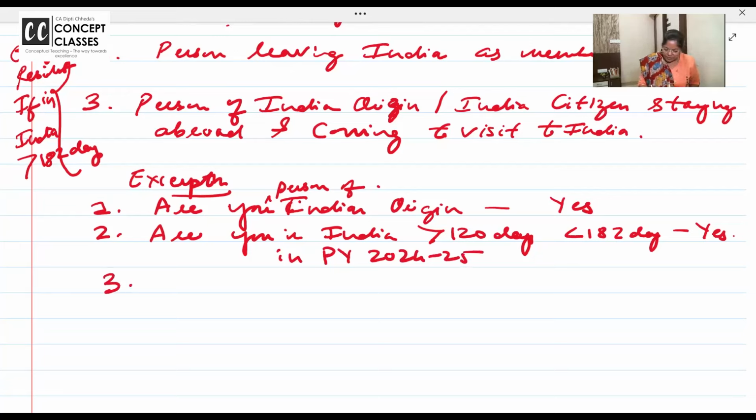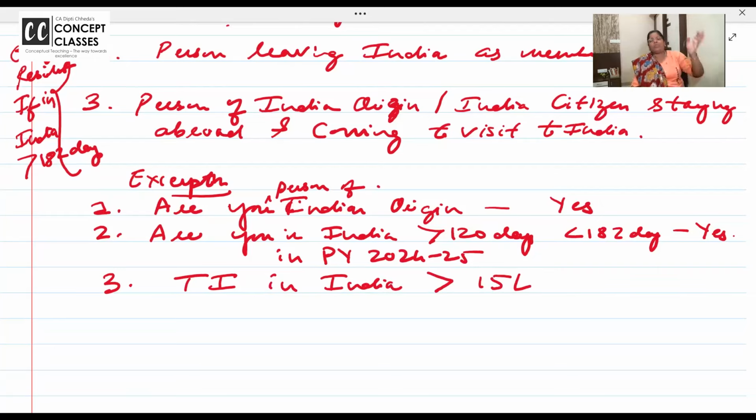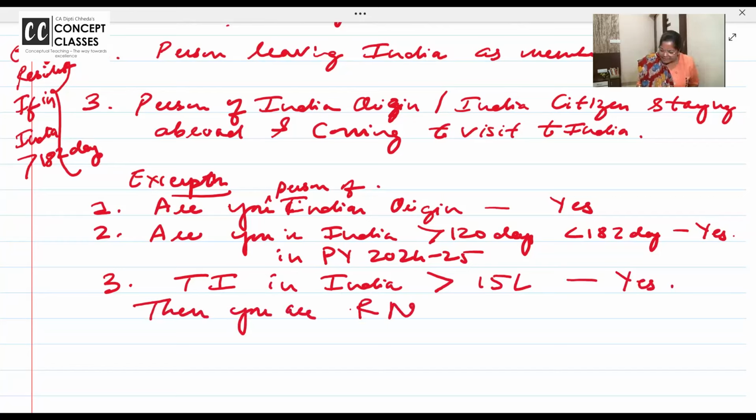Yes. TI, total income in India, greater than 15 lakhs. Ma'am, how that Canada's income was India? Because that was controlled from India. And forget about ATC and all. Directly you can take total income. Greater than 15 lakhs? Yes. Then you are resident.